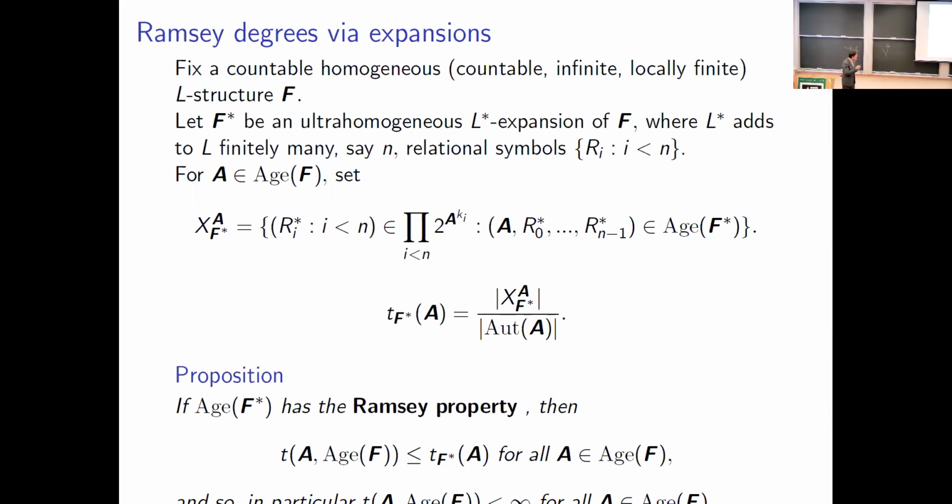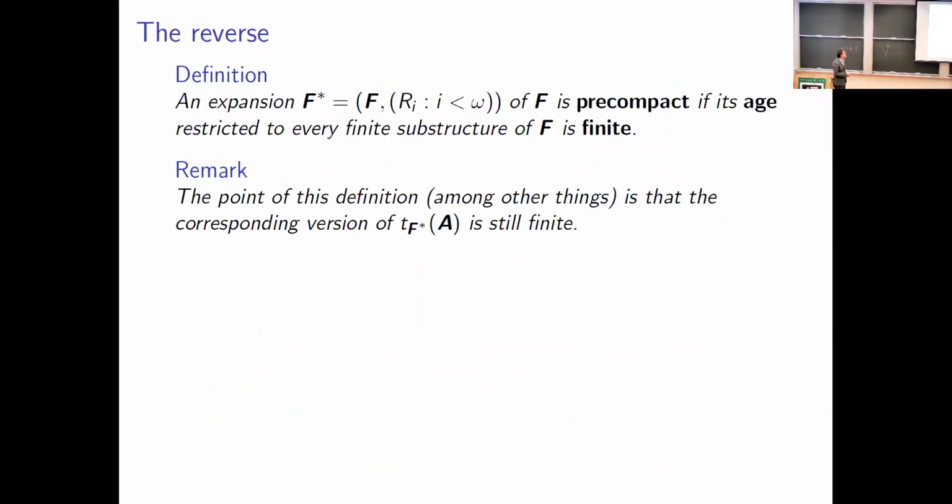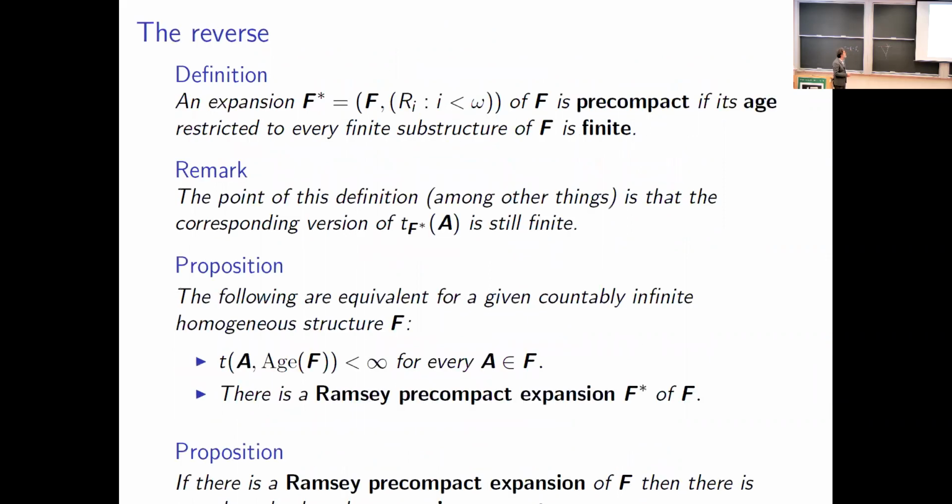Even though, remember, the expanded structure has infinitely many relations, so potentially you might be seeing a mess there, but actually you're not going to see that. That's the definition of precompact. And you have a reverse.